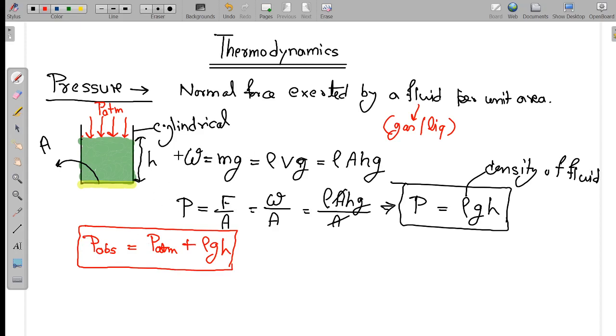Okay. So overall, this is the idea of pressure. From here, we can find out the unit of pressure. We know that the force unit is Newton and the area unit is meter square. So Newton per meter square is the unit of pressure. This is also called Pascal. Okay.